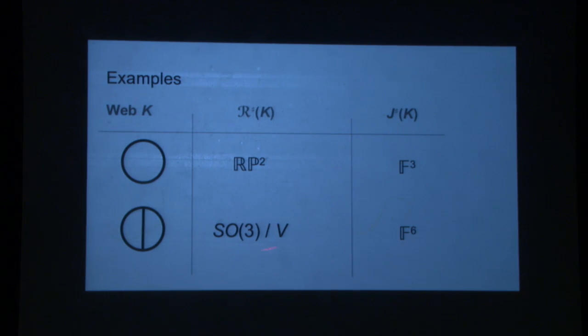And this quotient here is a real flag manifold, unoriented flags in real 3-space, and that's a space with 6-dimensional homology over Z mod 2. And again, 6 is also the dimension of J sharp. It's also equal to the number of Tait colorings in this very simple case.